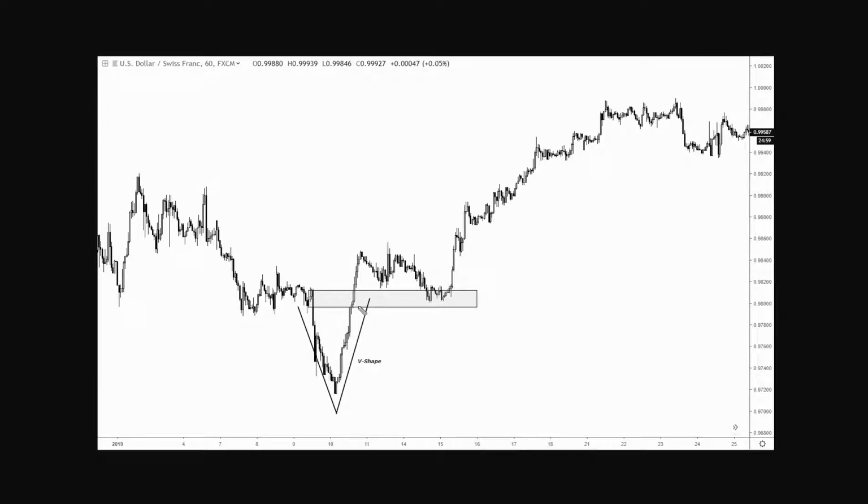Also, what is kind of cool to see here is that even if you would get stopped out, and I will talk about risk management and things like that later on in the behavior modules, this will happen to you a lot, that you will miss these things. It happens to me as well.